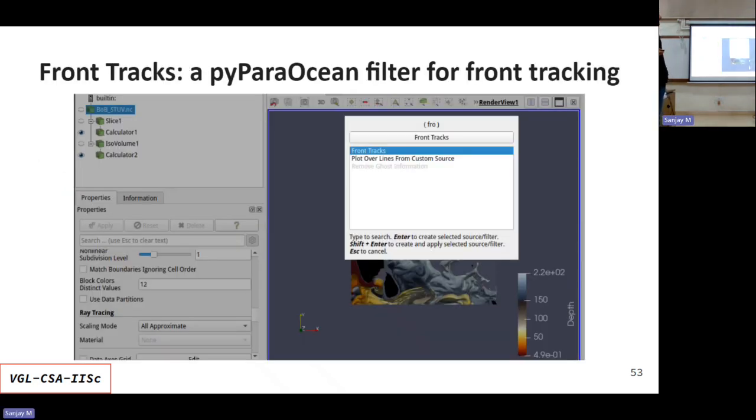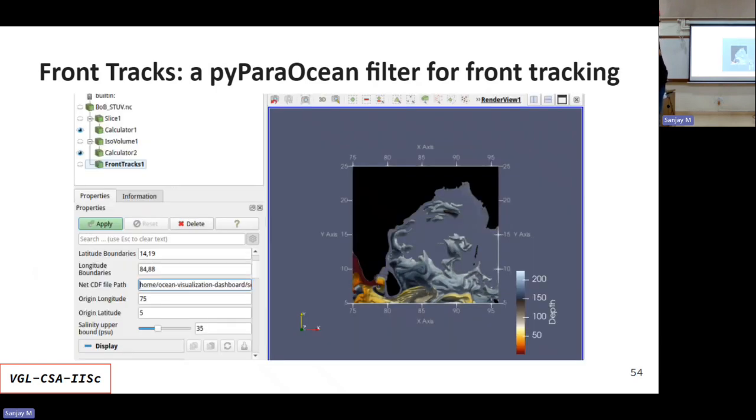So this front tracking filter, once you have loaded the plugin, just comes up as a filter in the options. You can use this. Then you have a GUI to pass your input data file and set a limit on what you want to threshold on. Like we use greater than or equal to 35. You can change it to 34 also, or whichever you want.